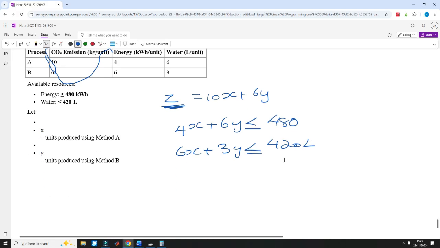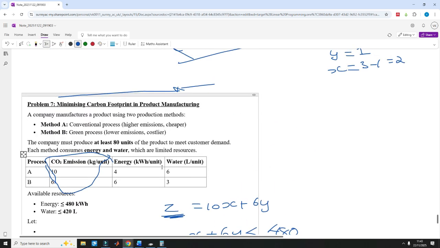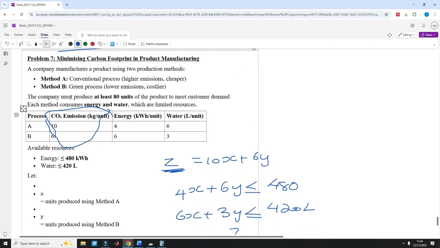And then we set the usual non-negativity constraints: x greater than or equal to 0, y greater than or equal to 0. So we are manufacturing at least some product, but this can be eliminated as we have another condition. Oh, no, we cannot, sorry. Yeah. And then what is this?